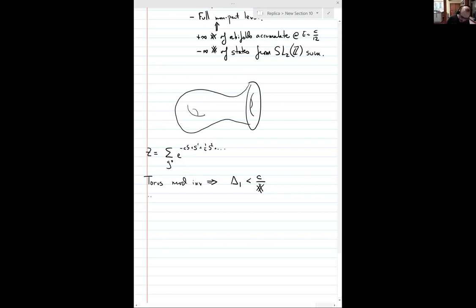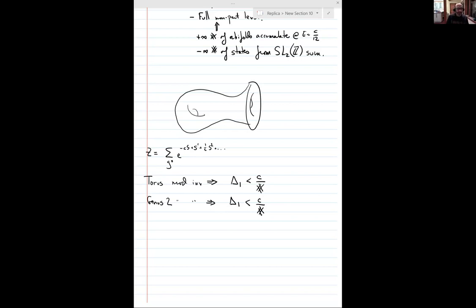If you just try and look at the analogous calculation for genus 2 modular invariance, you also get an energy that is less than C over some number, but it's a weaker bound rather than a stronger bound. So this is one example of a case where the constraints of modular invariance that I know how to impose actually appear to give weaker constraints at higher genus rather than stronger constraints.